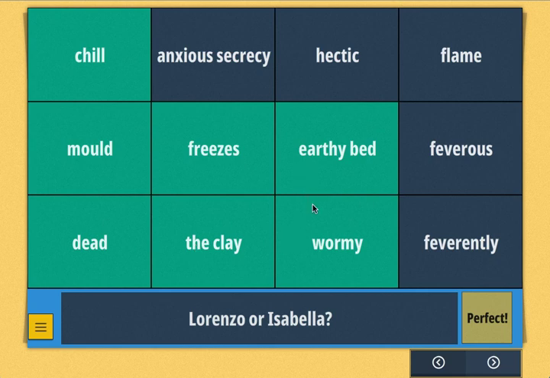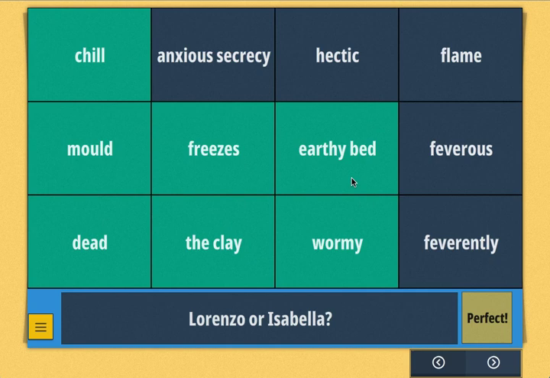For Lorenzo, we've had a lot of the imagery earlier on in the poem connected them both with nature, but particularly him, I think. And here he is returned to the earth in that way, the earthy bed, wormy, the clay, and kind of the mould, like that's shaped into it, I don't know. But yeah, very deathly, cold, lifeless imagery there.